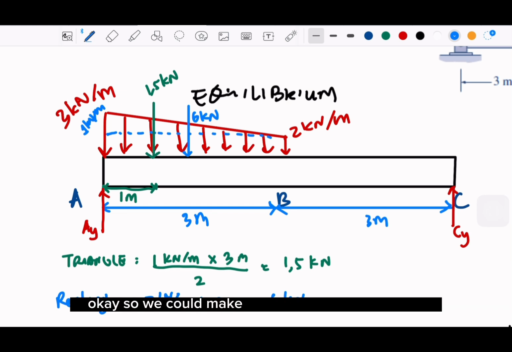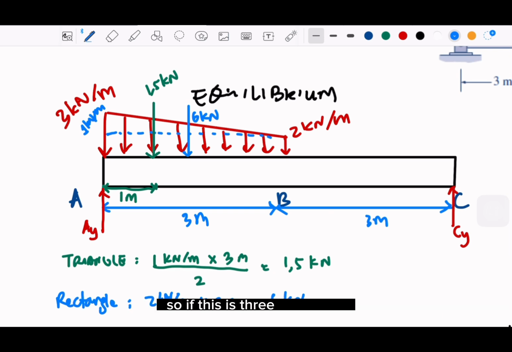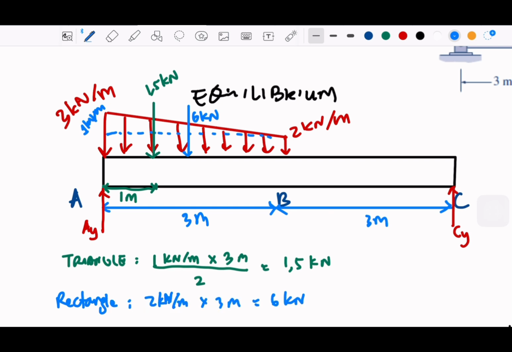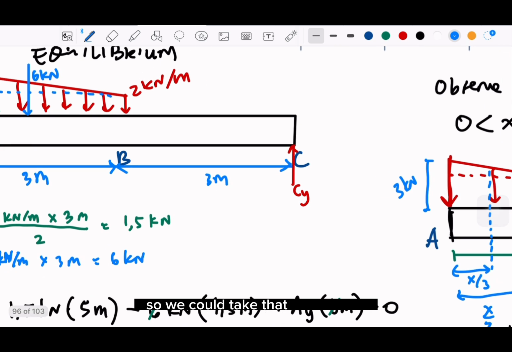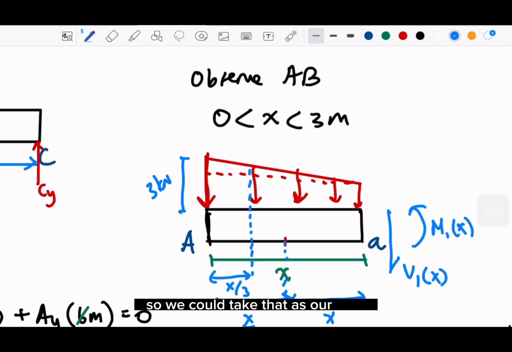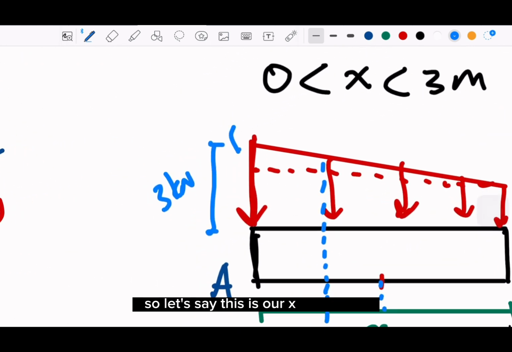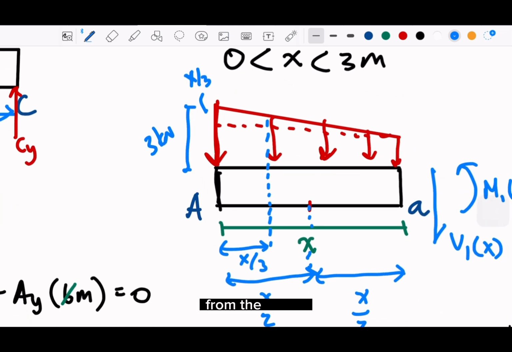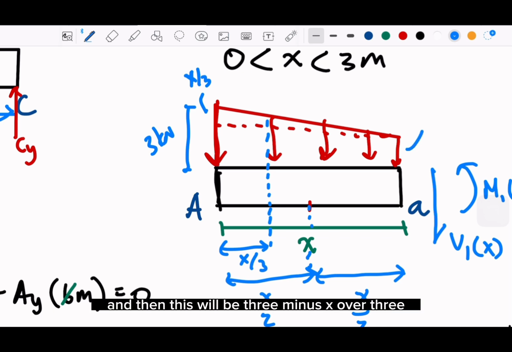So we could make our ratio, triangle ratio, right? So if this is 3, this is 1. So if this is X, this will be X over 3, okay? So we could take that as our ratio. So let's say this is our X over 3 from this X here. And then this will be 3 minus X over 3 for this part.